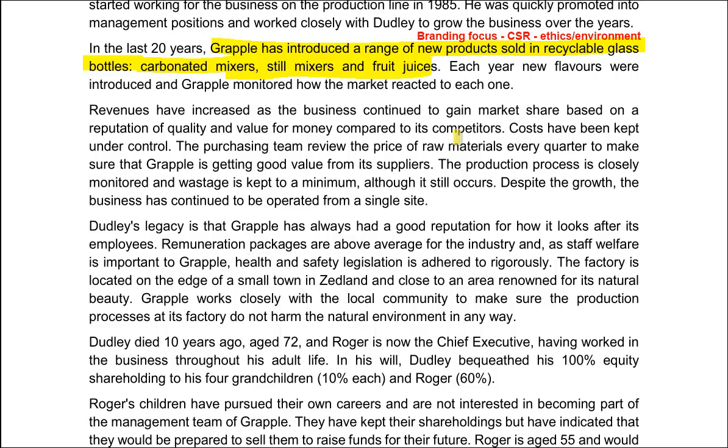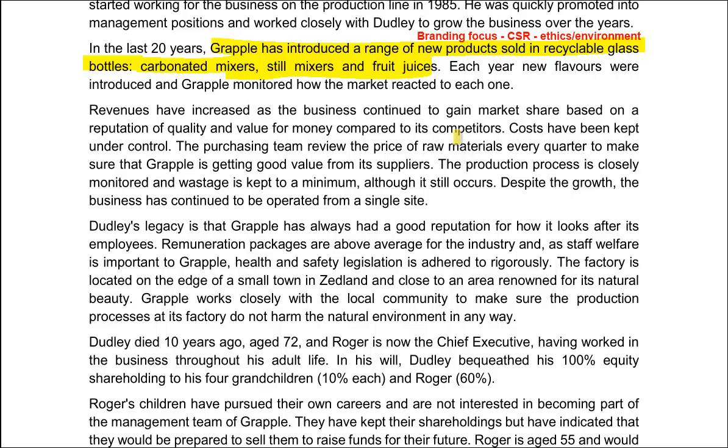So given that we also learned from the industry pack that water is gaining market share as a sort of retail drink, we can then assume that Grapple would be open to, and perhaps even be considering right now, that they could bring out a water product.